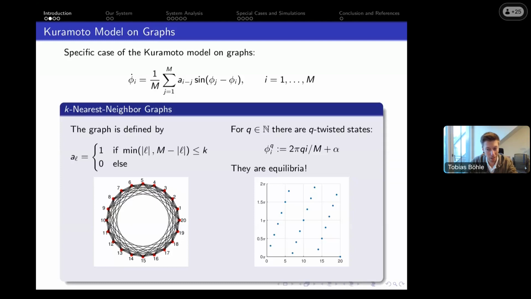What is the main reason or applications? I'm asking about why do you study the k nearest neighbor graphs? I'm not so sure about applications. I think there are some applications of these nearest neighbor graphs in neuroscience, but I have to admit that I'm not an expert on that. Thank you.